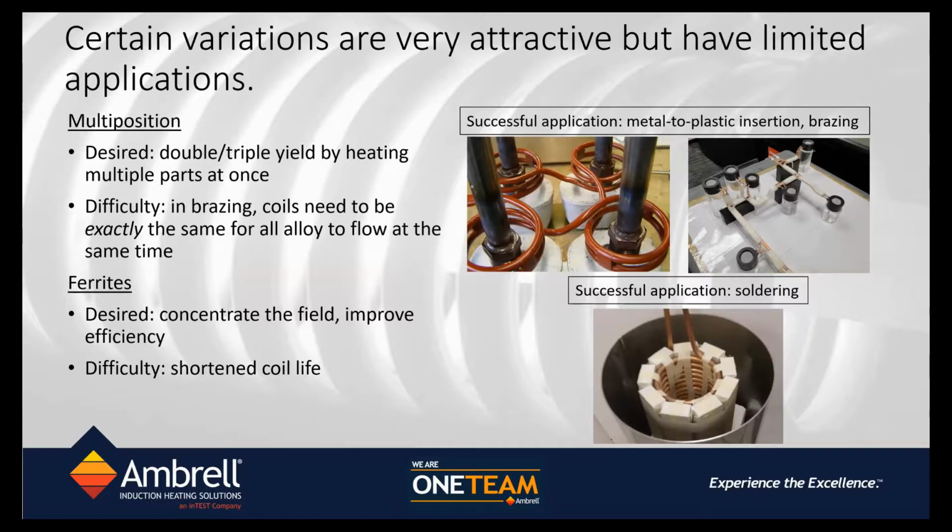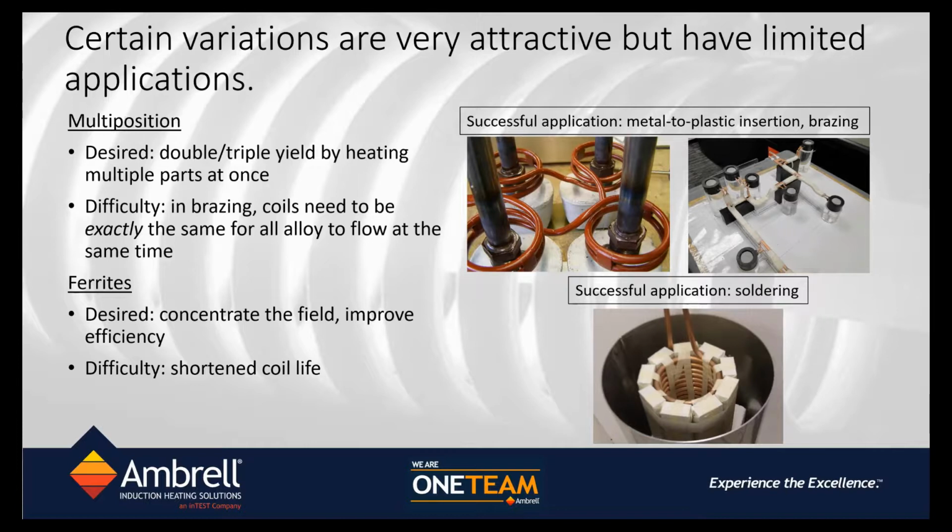In a lot of cases, we have limitations because of either the manufacturing process or because of the layout of the parts, where multiples of parts have to be heated at one time. These types of coils are called multi-position coils. And you can see an example of a multi-position coil in the top two pictures here. The coils are difficult to manufacture.